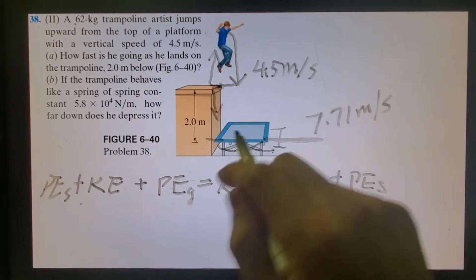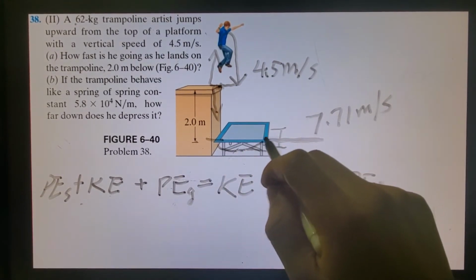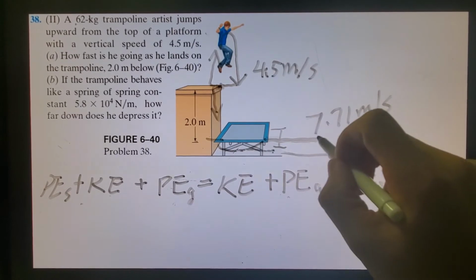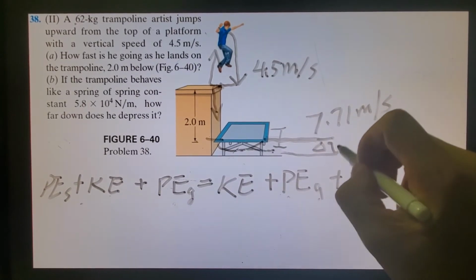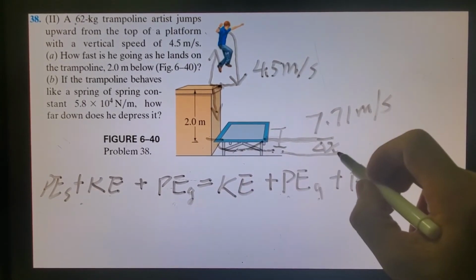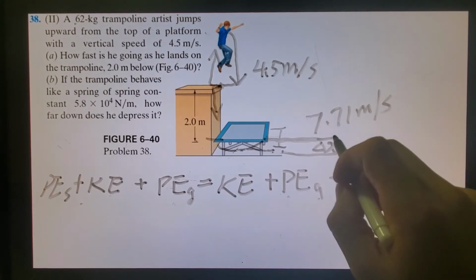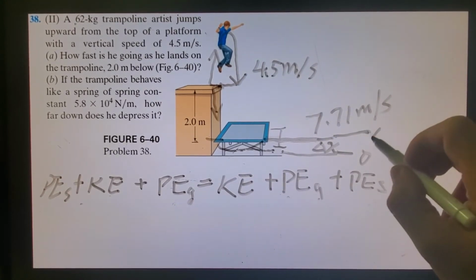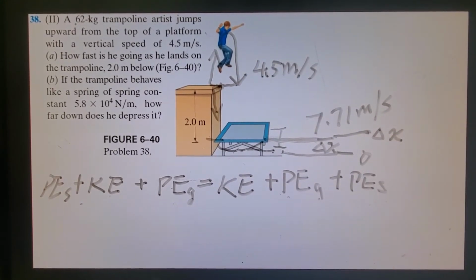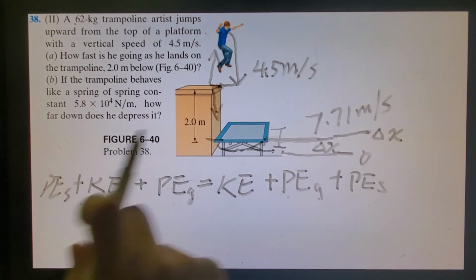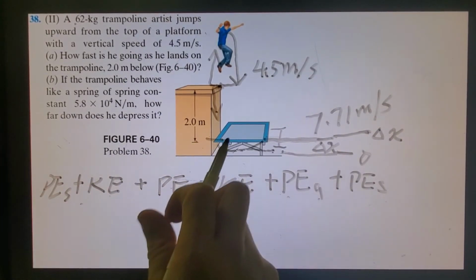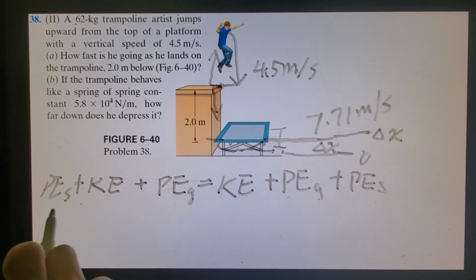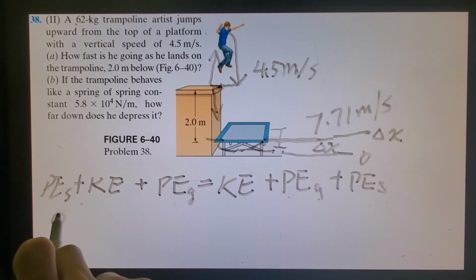Initially, let's say it will stretch delta x over here. I'm going to call this my 0, so this is not 0 anymore. This will be my delta x. Due to the spring, initially when the trampoline is not stretched, that means it's 0.